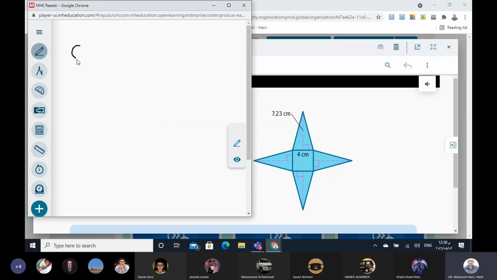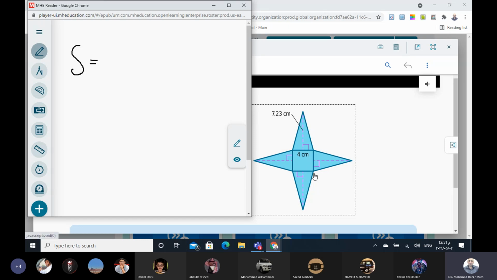Surface area is represented by capital S, equals. When you want to find the surface area of the pyramid, find the area of the lateral faces and the area of the base, then you can find the total of the areas.